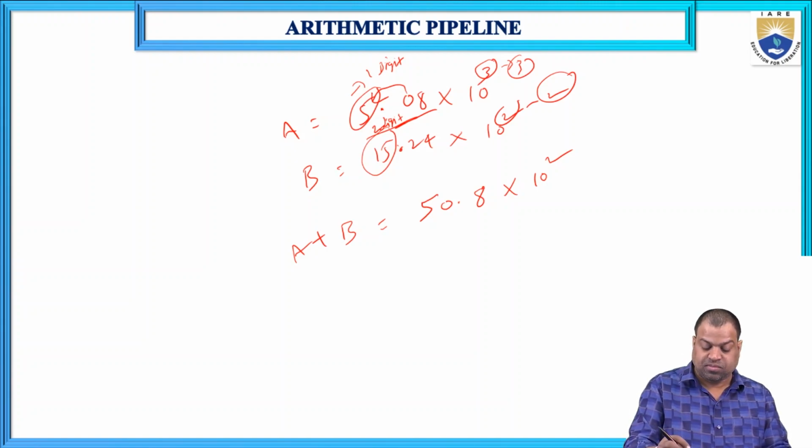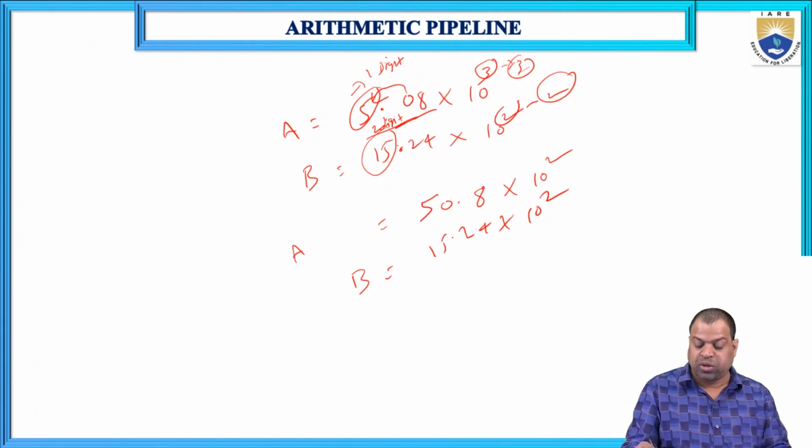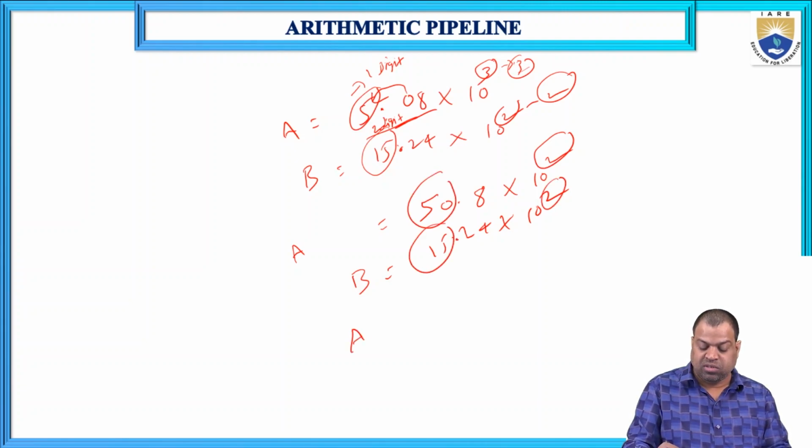Next, B equal to 15.24 into 10 square. Why? Because the 10 cube is there now; I change it to 10 square. So it is 50.8 into 10 square, 15.24 into 10 square. These exponents are balanced and the mantissa is 2 digits. Okay, then perform.